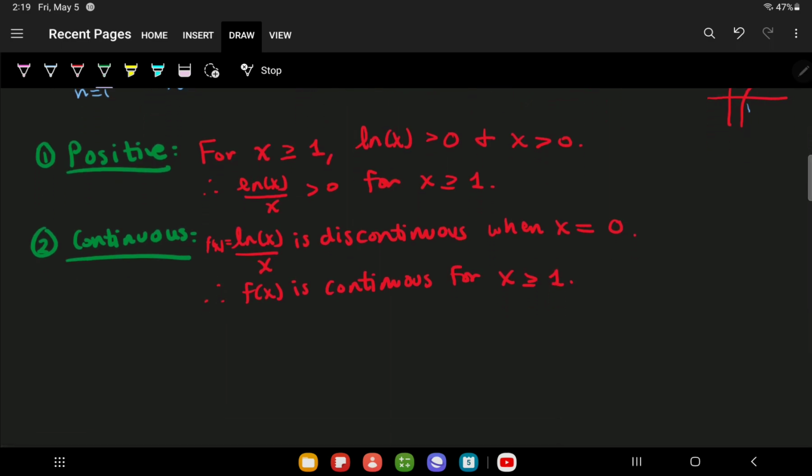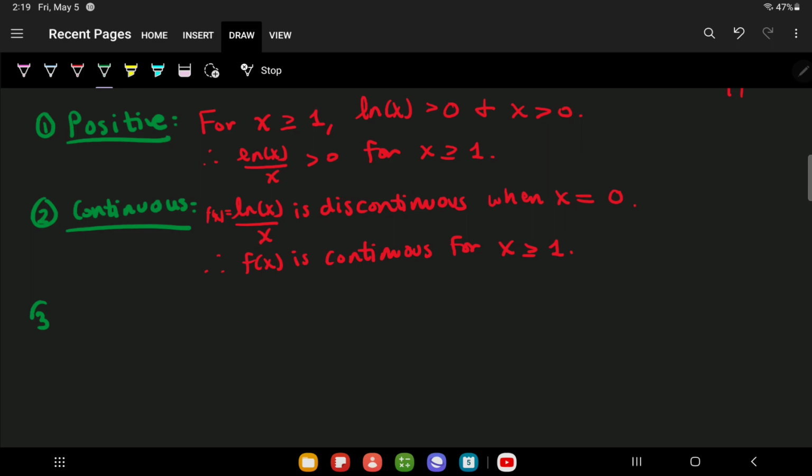And finally, positive and continuous are done, but the most important thing, and where the most effort is needed, is to show: is this decreasing? Usually we can show whether the next term is smaller than the current term for all n.